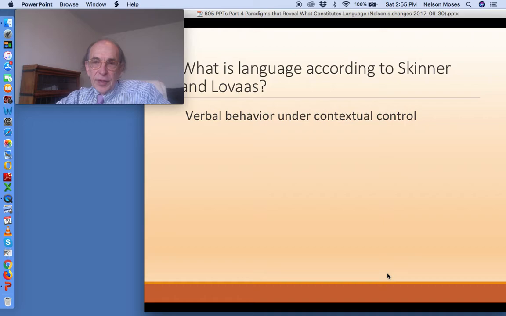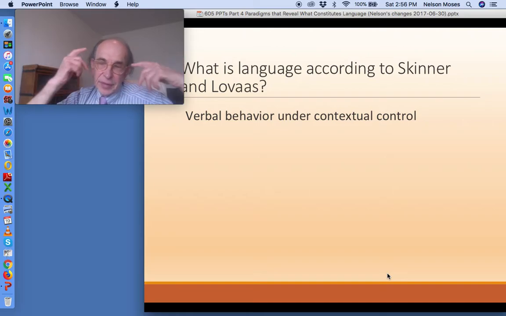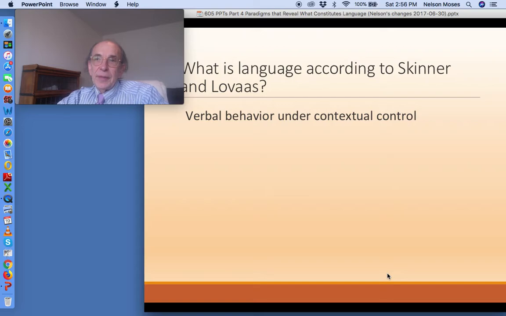Because Skinner and Lovaas and others like them, the operant people, the behavioral people, they help us recognize, they don't force us, they help us understand that language is an observable behavior, a physical behavior that occurs in the real world, even though I said language is about representations, not the real world. It is in the real world. And the real world is the context in which we behave, what surrounds us.